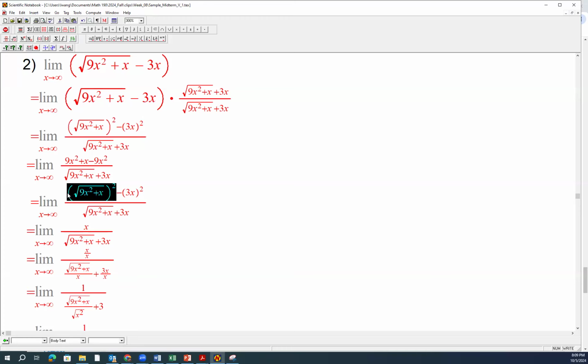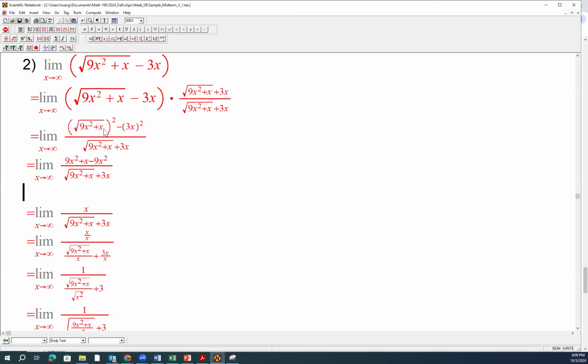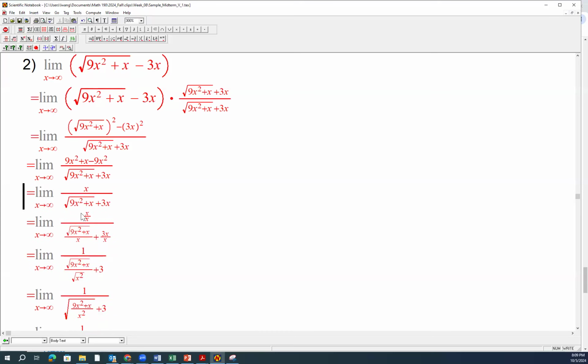So this piece, that's just 9x squared plus x minus 9x squared. So when you square 3x squared, you not only need to square x, you also need to square the 3. By this time, we got the numerator to be x.